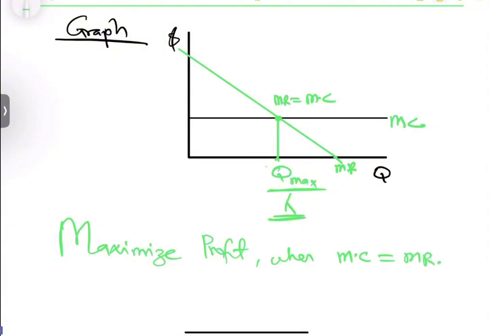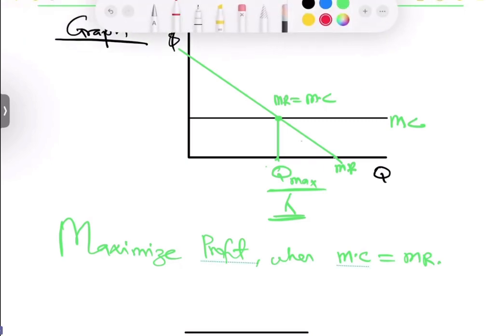If you go towards the right, in this direction, from this point, if you go to this place, what happened? You will see that your marginal cost line is covering up your marginal revenue line. So which means from here, cost is greater than the extra revenue you are getting.